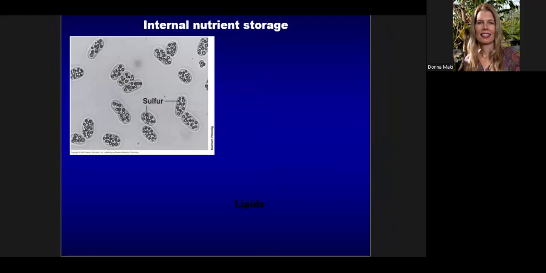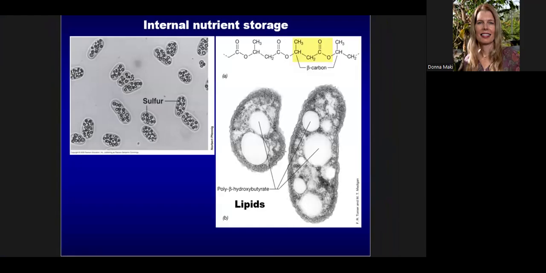A couple of other things I wanted to mention is that sometimes when you look at microbes under the microscope, especially environmental samples, you might see these weird little things inside the cell. And often they'll bounce light back out, so it's like a bright little white spot. What you're seeing there, in this case, are sulfur granules.